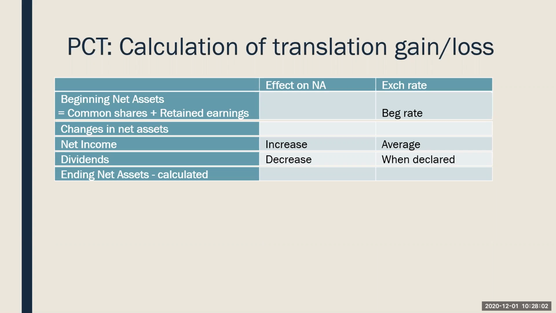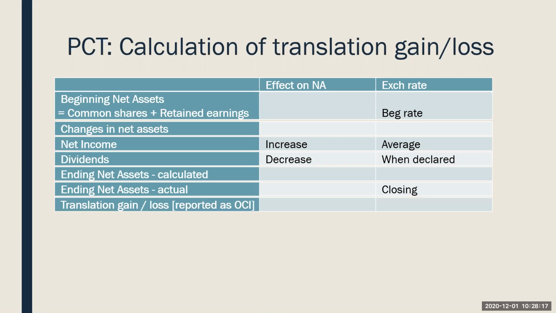We compare this ending net assets to the actual amount translated using the closing rate. And once again, any difference between the actual ending net assets and the calculated ending net assets is the translation gain or loss, which is reported as other comprehensive income.